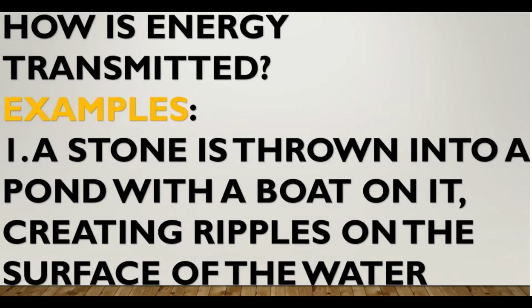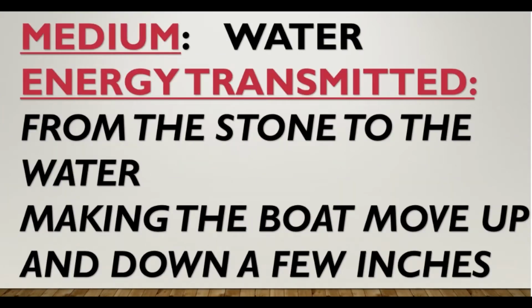Here, we identify the water as the medium, because without the water, surface waves cannot be created. And take note that the boat was moved, so there's energy. So again, the medium is water, which is a liquid medium. And how is energy transmitted? From the stone to the water, making the boat move up and down a few inches.